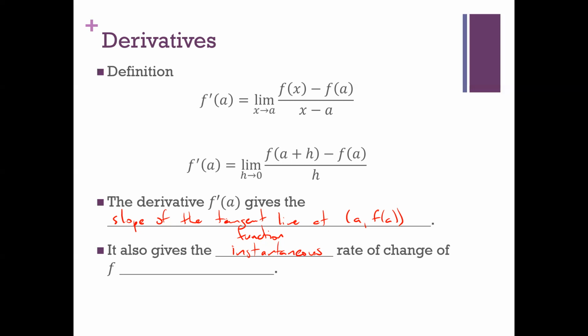When you're talking about instantaneous rate of change, it doesn't necessarily involve a graph. The example we've been using since the first day is, if I'm dropping a rock and I know its distance, I can figure out its distance whenever I want, but not necessarily its speed. But now that I'm introducing this, I'll be able to do that too. So it also gives the instantaneous rate of change of f at x equals a.